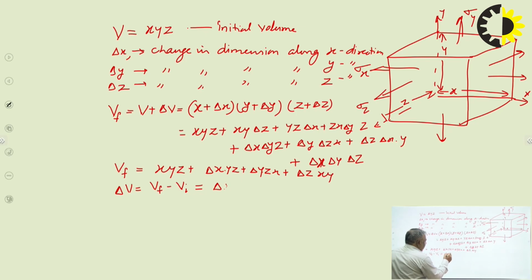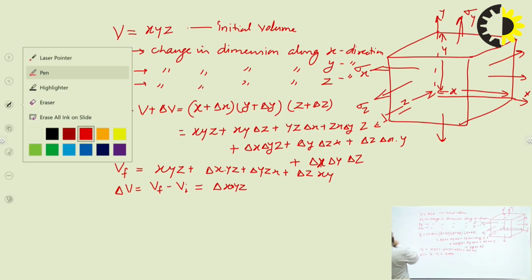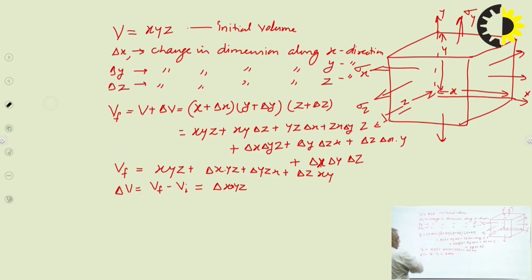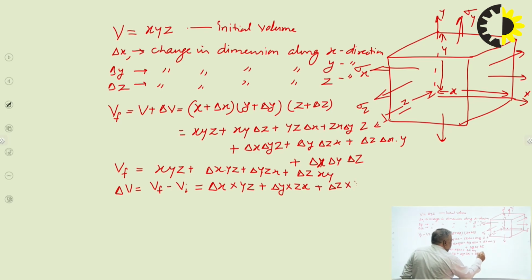We will get delta x multiplied by yz plus delta y multiplied by zx plus delta z multiplied by xy. This is the change in volume.